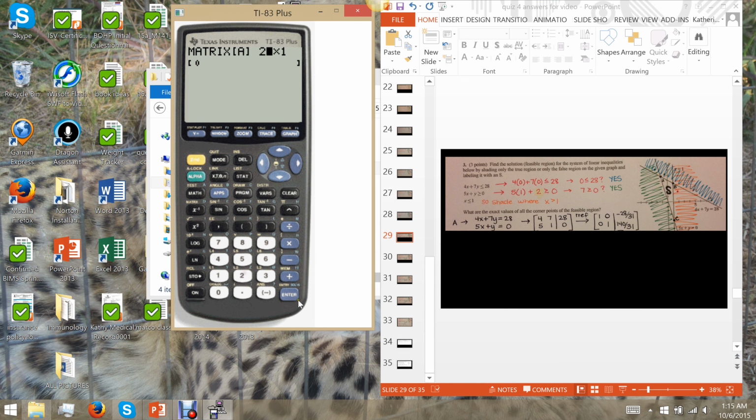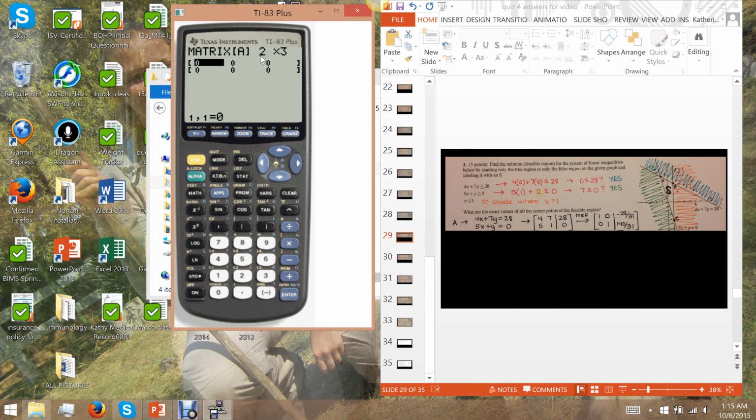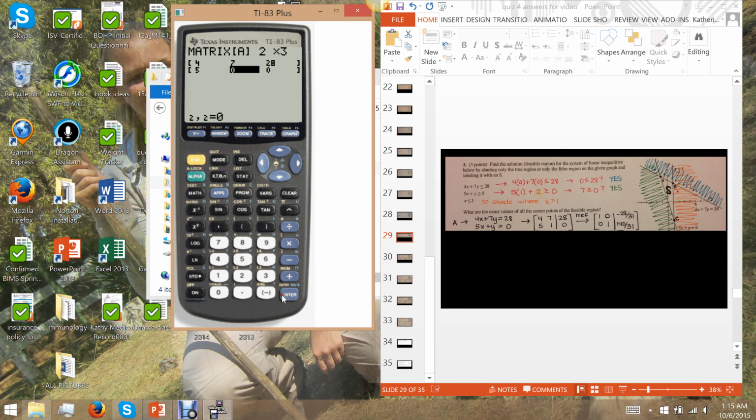It should be a 2 by 3, right? The first number is our number of equations, the second number is our number of variables, okay? So we have 2 equations, 3 variables. So you should enter 4, 7, 28, 5, 1, 0.